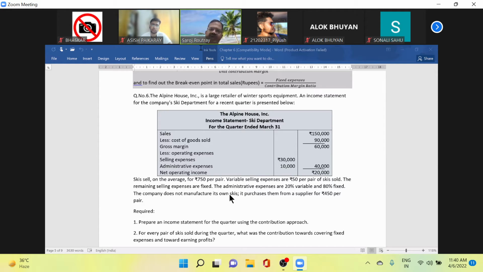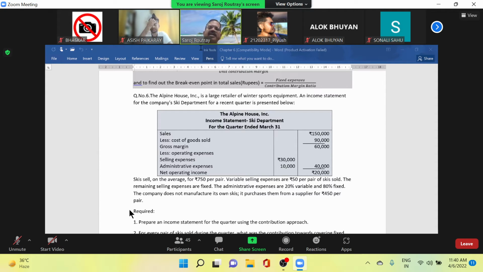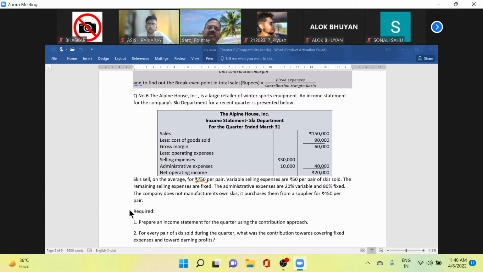All of you who have answered have said the same thing. How can we find out? If every pair is sold for 750, then 1,50,000 will consist of 200 pairs. Or you can take 90,000 as the cost of goods sold, and per unit cost of goods sold is 450. That way also you get 200. So 200 units are sold.